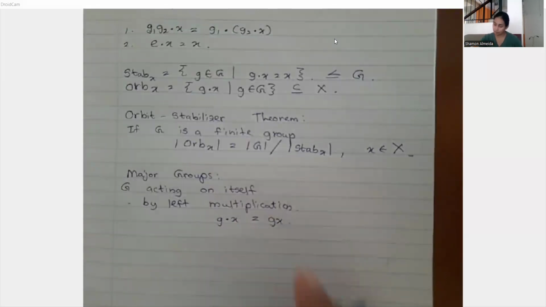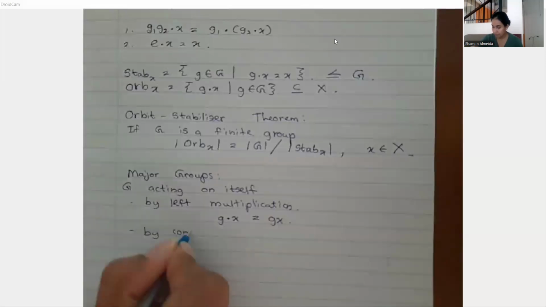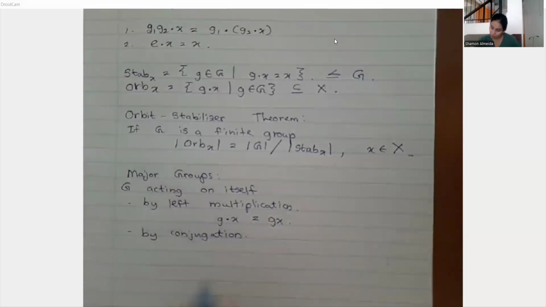And then when G acts on itself by conjugation, that would be G dot X equals G x G inverse. Yeah, right.